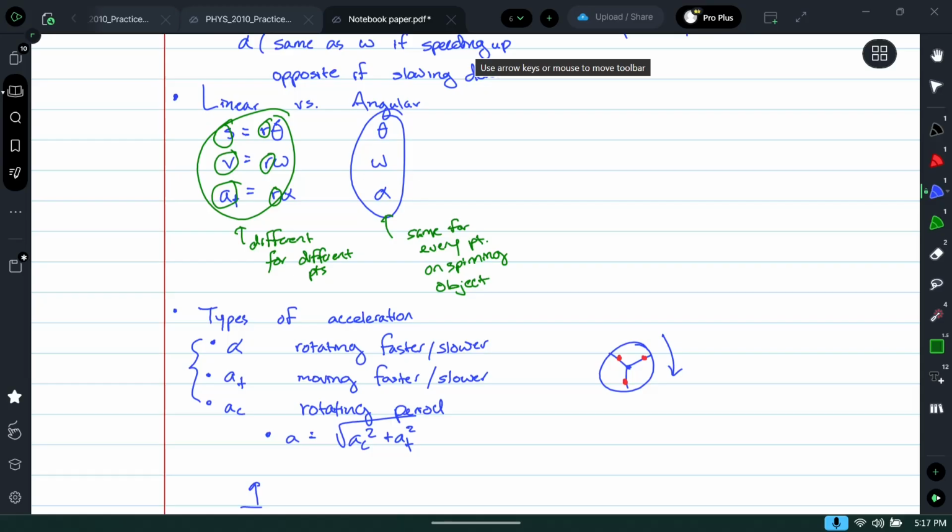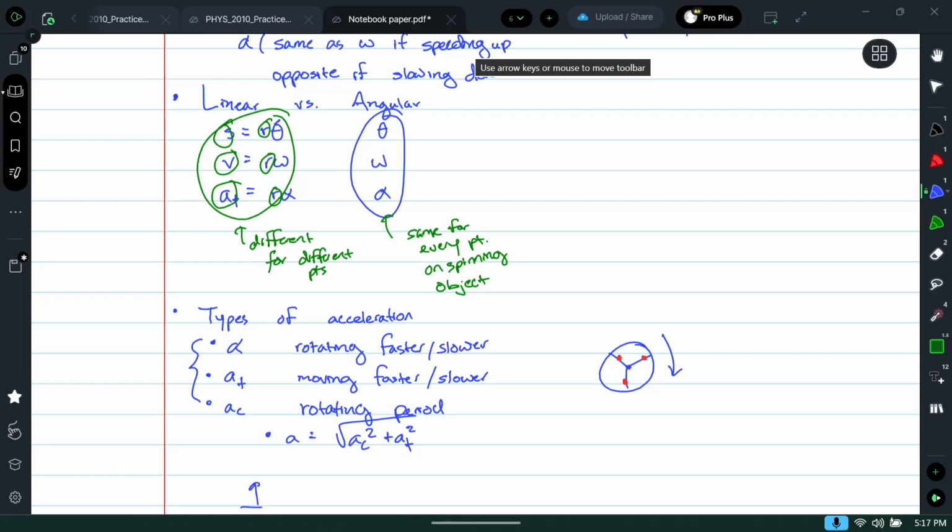Once you reach the steady speed of the dryer, like it's entered that tumble dry kind of steady cycle, it has centripetal acceleration because it's spinning, but it has no angular acceleration because it is not going to be spinning any faster anymore. And then tangential, same sort of deal, although the clothes, since they're not stuck to the side, can be doing all sorts of things.